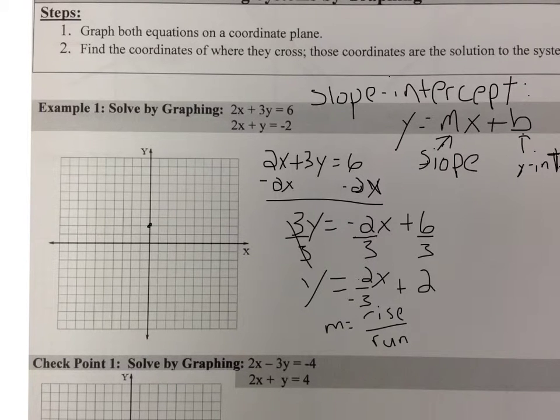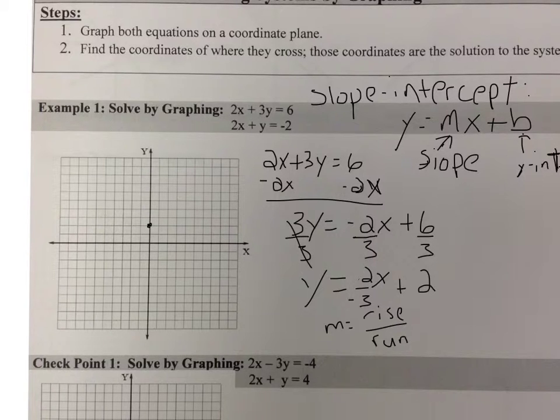If it's a positive fraction or a positive whole number, you would run to the right. So from the y-intercept, which is 0, 2, where we cross the y-axis, we go 2 up and 3 to the right from there.